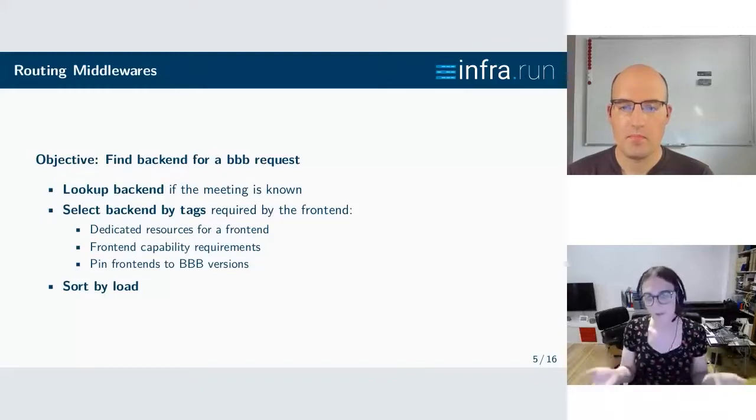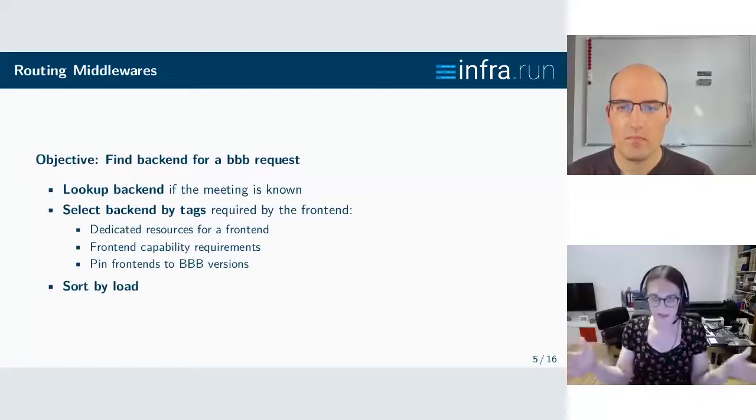Otherwise, well, we need to select a new backend, which happens through, well, tags in this case. So we can define for each front end a set of required tags and define the same list of provided tags on various backends.